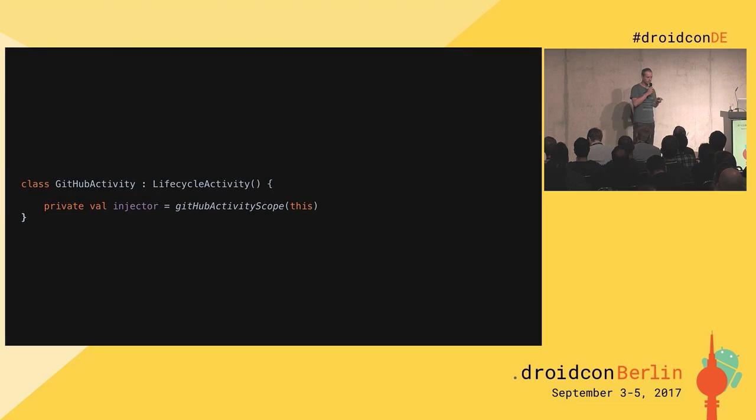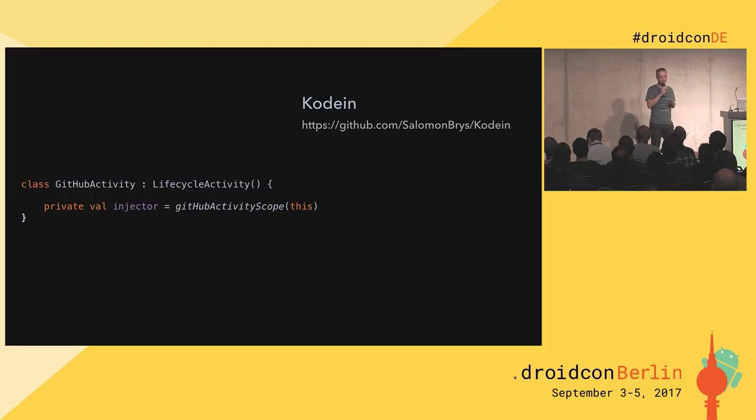In my example, I will give you the GitHub link later, I use Kodein, which is a nice little dependency injection framework for Kotlin exclusively. I guess you can also use it from Java, but you get the most benefit of it in Kotlin. The difference between the two is that Dagger works with a lot of magic, a lot of generated code, while Kodein is a bit more straightforward.